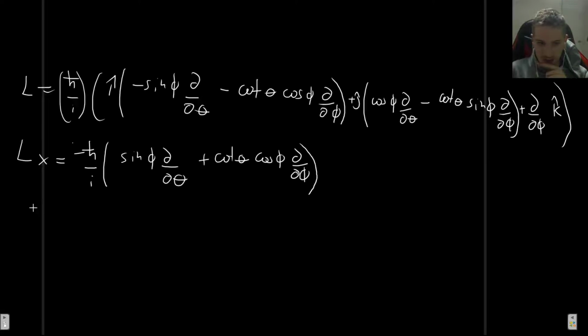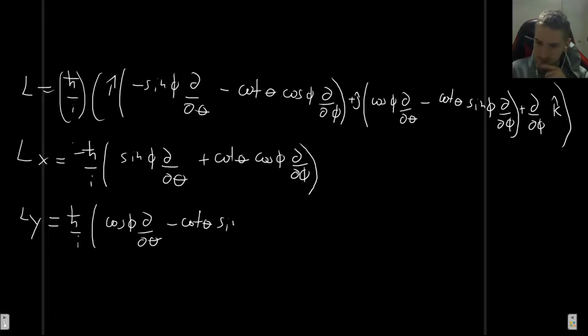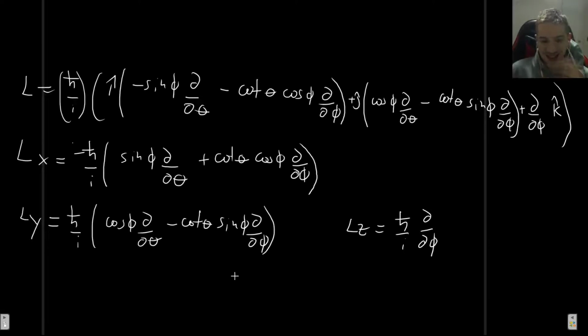Yes, that's the Lx. Ly is going to be h bar over i, cosine phi d theta minus cotangent of theta sine phi d phi. And finally, Lz is going to be h bar over i d phi. And that's it. So these are now the explicit forms of Lx, Ly, Lz.